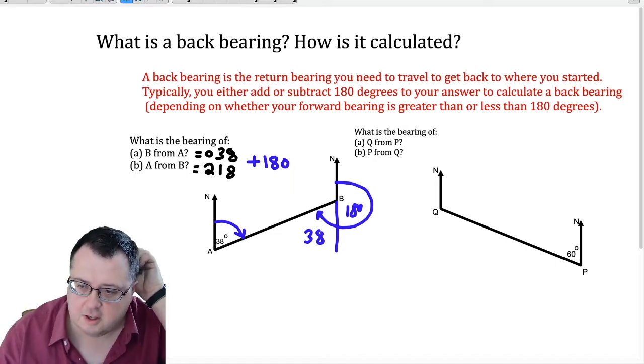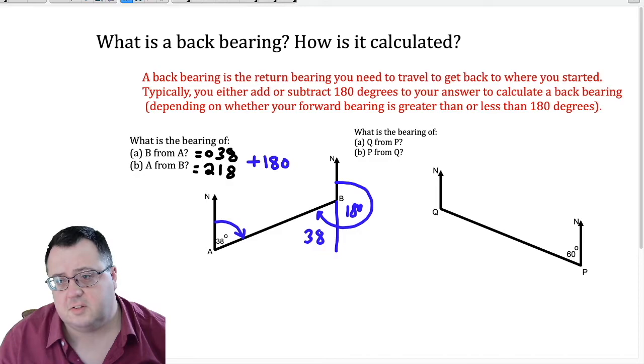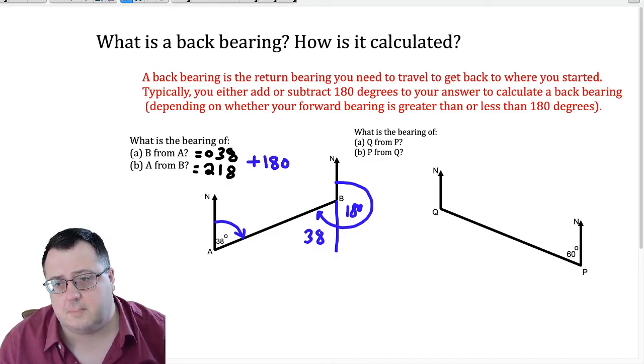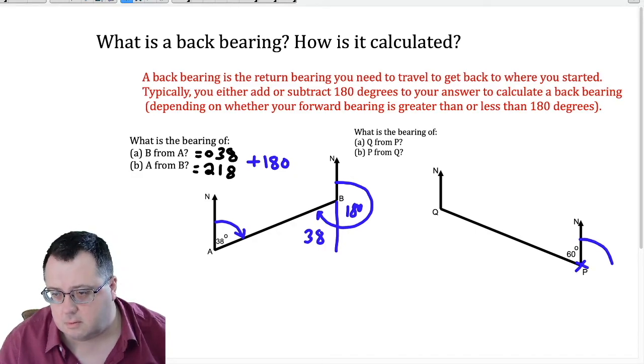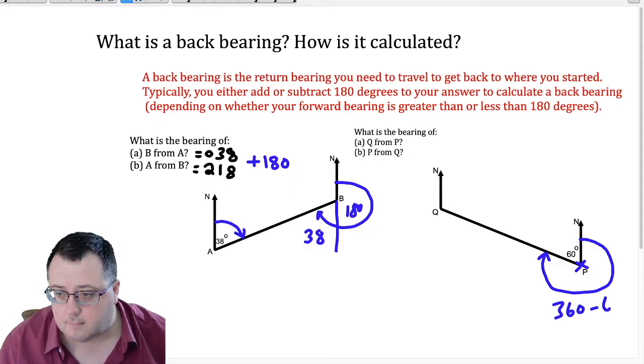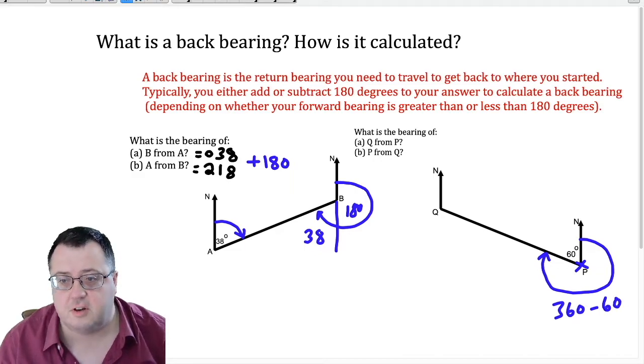Next we're looking at Q and P. So what is the bearing of Q from P? So we start at P, we go clockwise to generate this, and that will be 360 minus 60, which is 300.